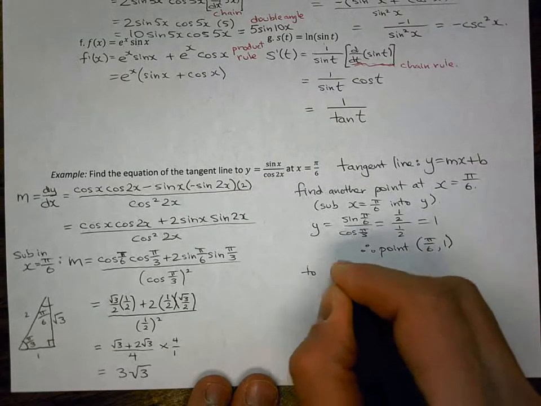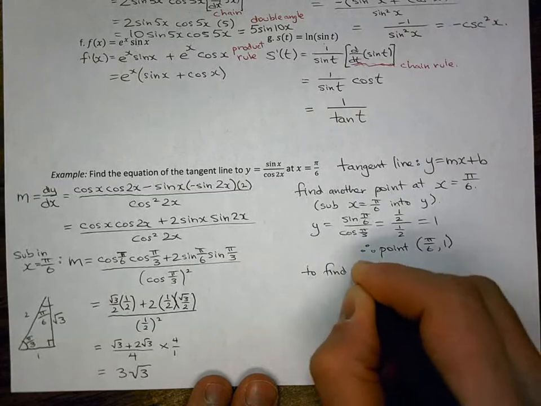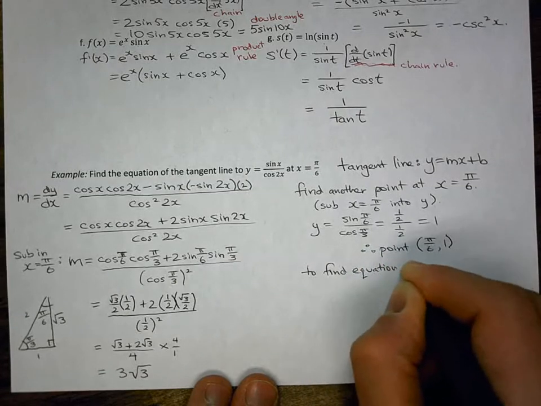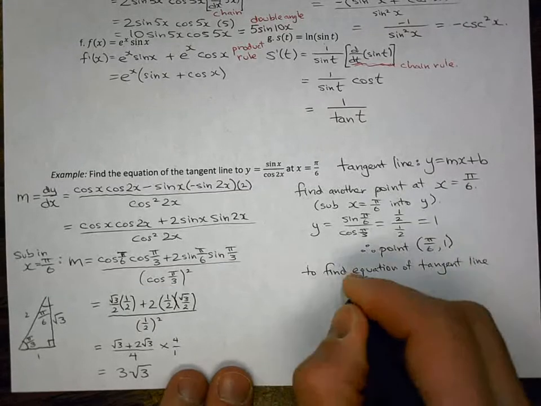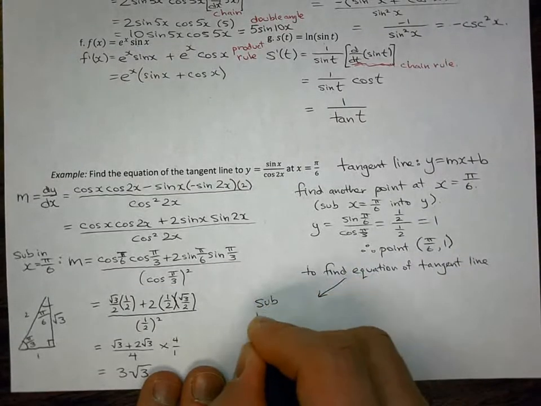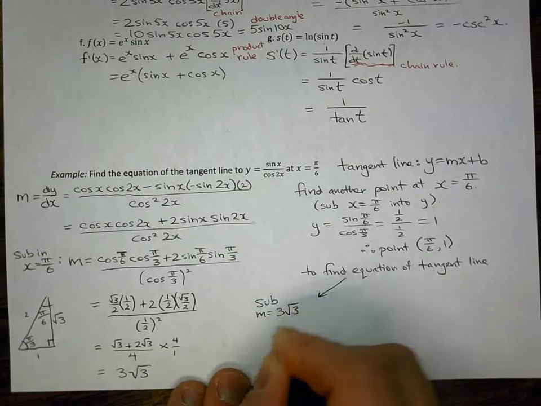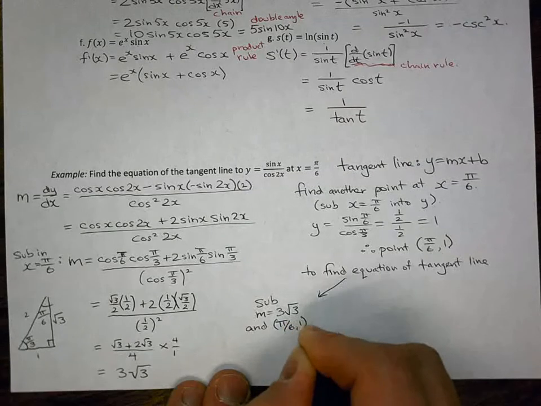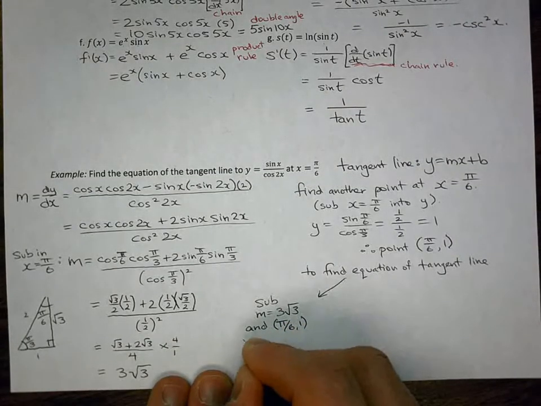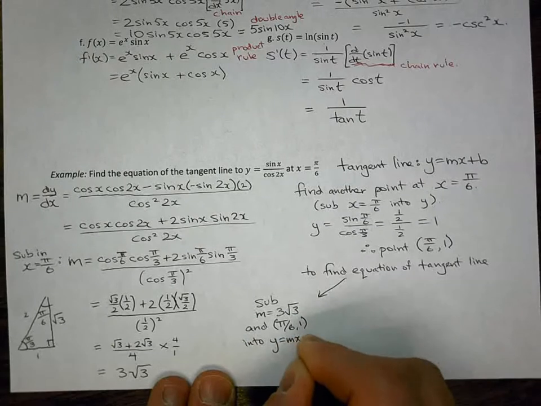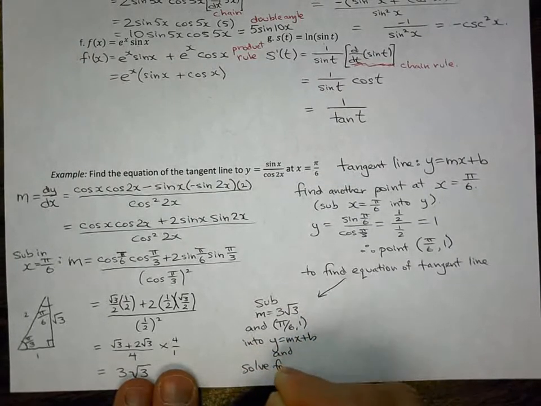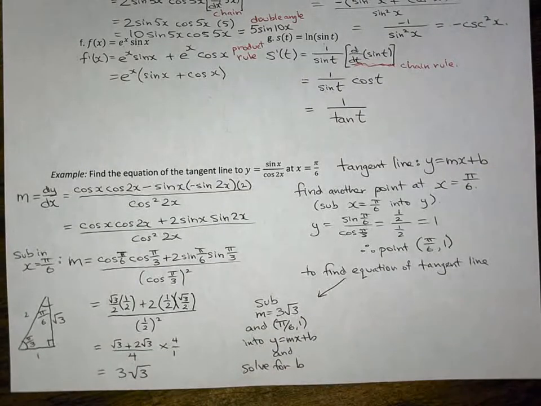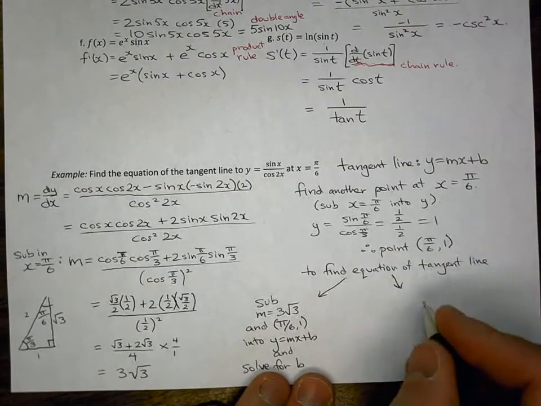So to find the equation of the tangent line, sub m equals 3 root 3 and point pi by 6 comma 1 into y equals mx plus b and solve for b, which is annoying because you have to do quite a bit of math. What's easier is to remember this formula.